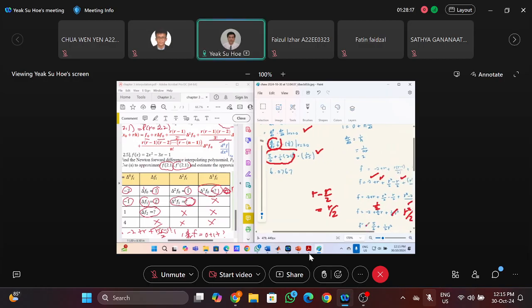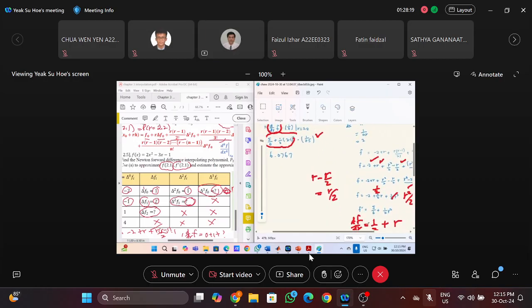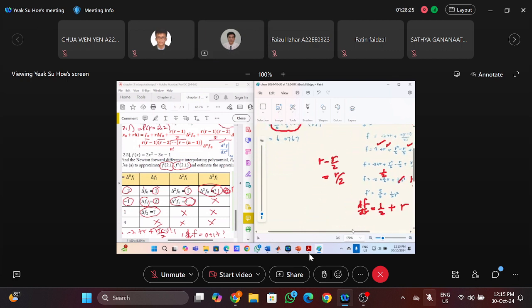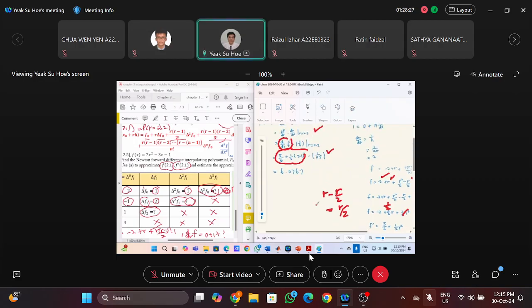Half plus R. So it must equal to this, half plus R, and then divided by 1 over h. So it's equal to 2. And then what's R? Your R is 2.2.